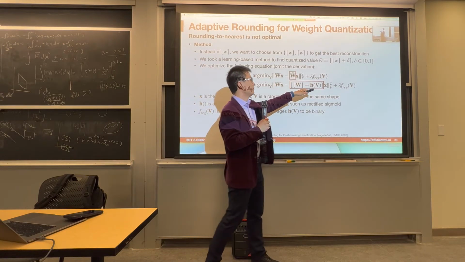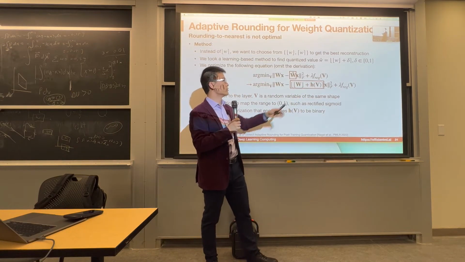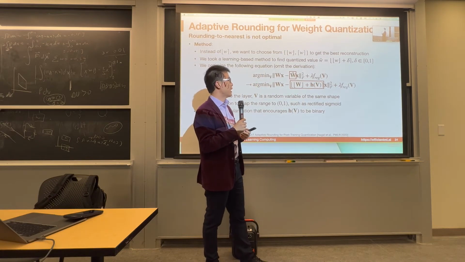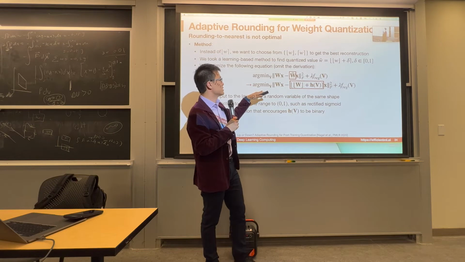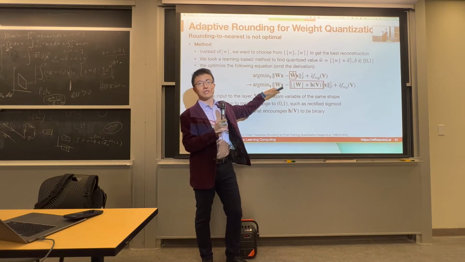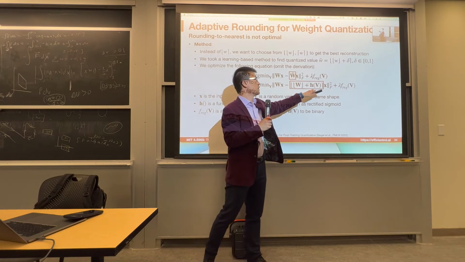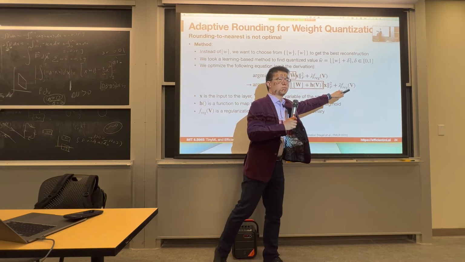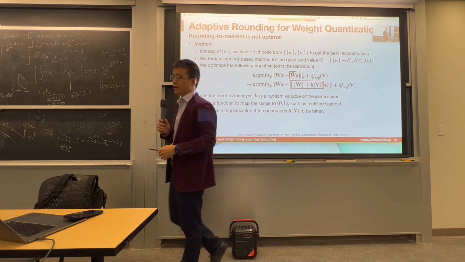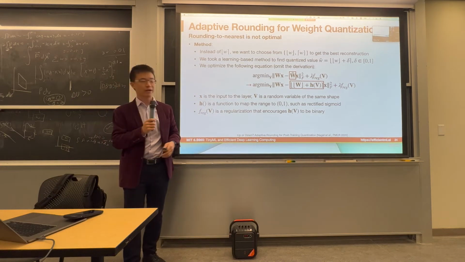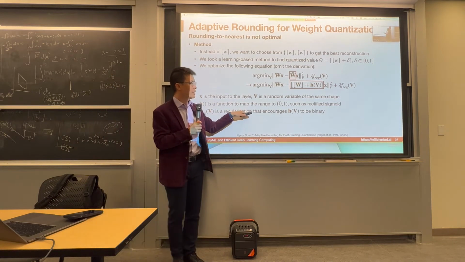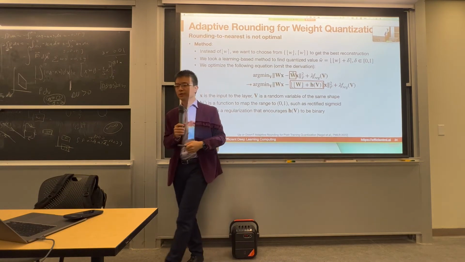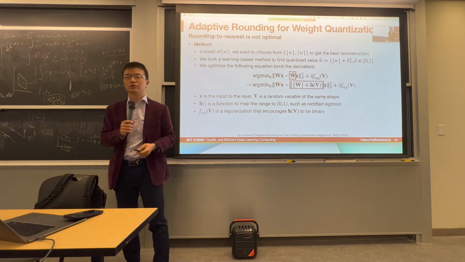Okay? So we apply this h function to this V tensor that is going to be learned, and then try to minimize the difference between the original Wx versus this rounded Wx. Okay? Now, of course, we want to penalize this V tensor by adding this regularization term that encourages this h(V) function to be binary, either 0 or 1.